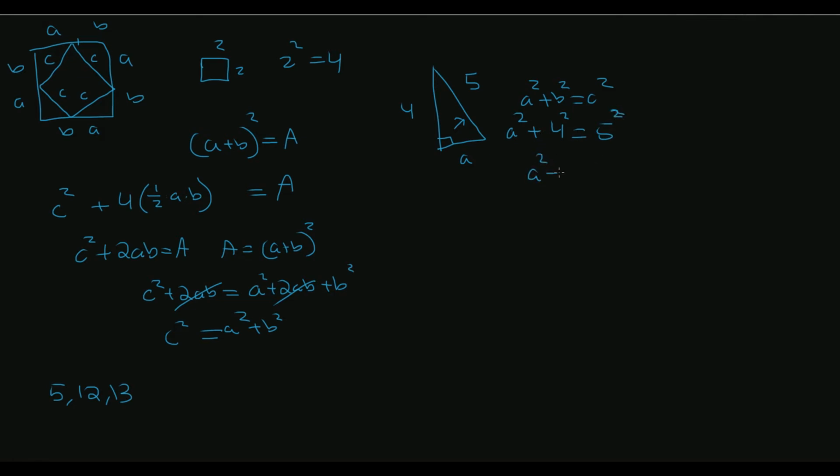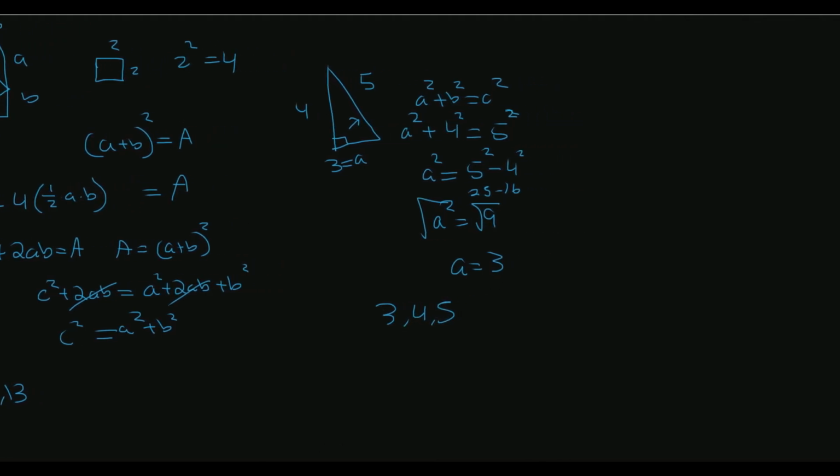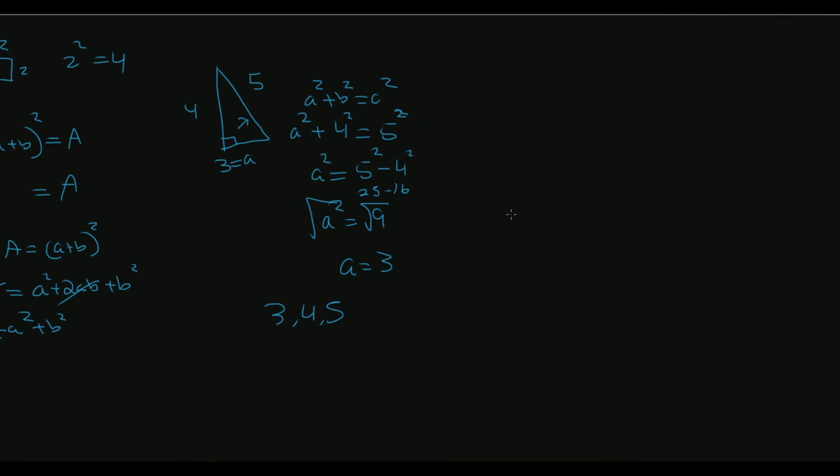So a squared is equal to 5 squared minus 4 squared if I subtract 4 squared from both sides. So a squared is equal to 25 minus 16, which is 9. So a is equal to 3 if I square root both sides. I've solved for all sides of the right triangle. That is another Pythagorean triple, 3, 4, 5. And there are many more, but you won't always get a whole number for your answer.